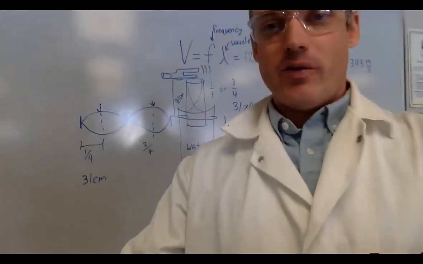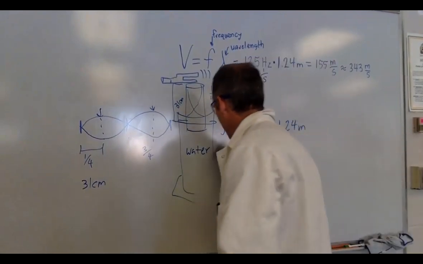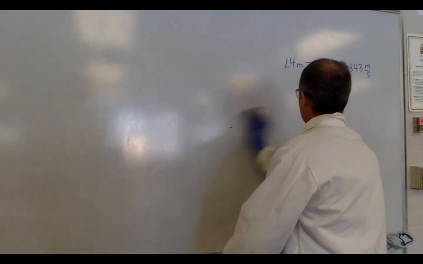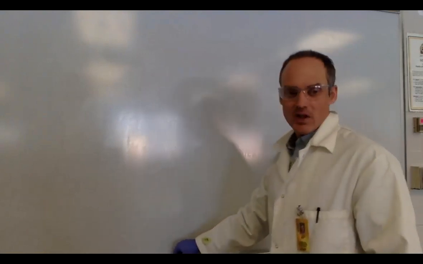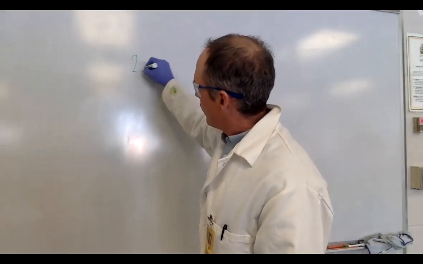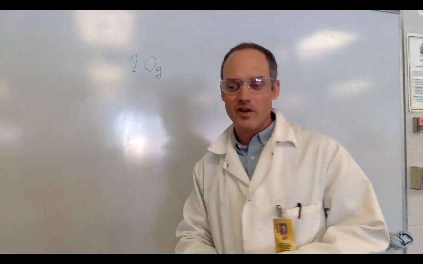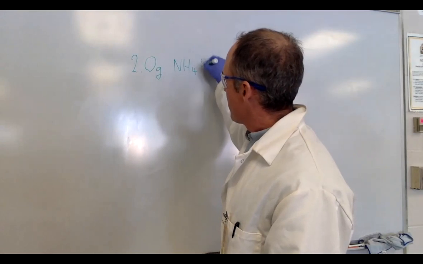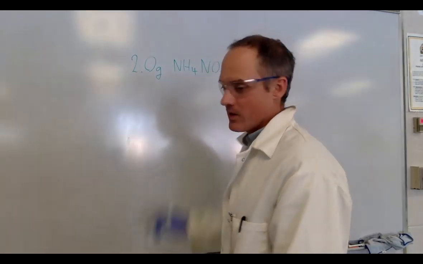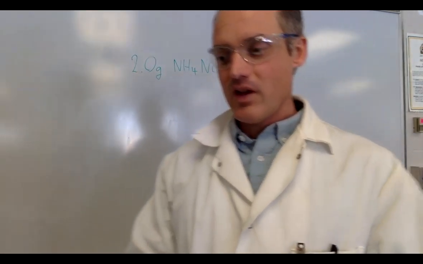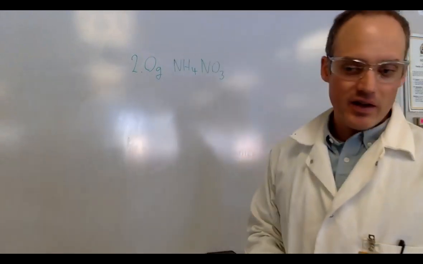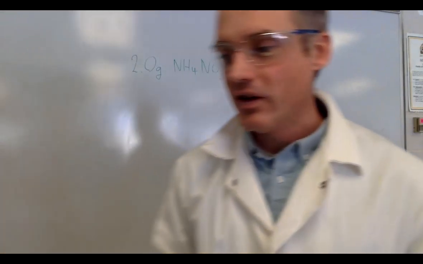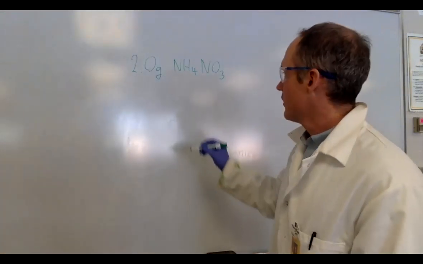So if we look at those pre-lab questions, we know that we have 2 grams of the ammonium nitrate, which is NH4NO3. In our first problem, we have to calculate how many moles that's going to be.